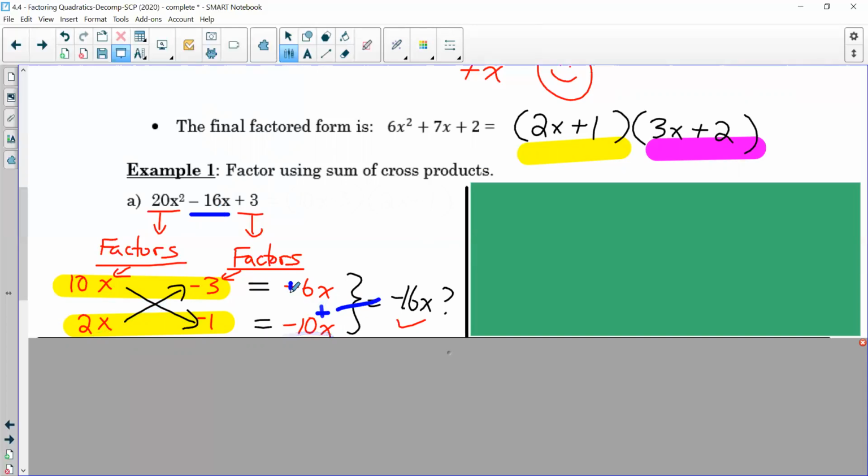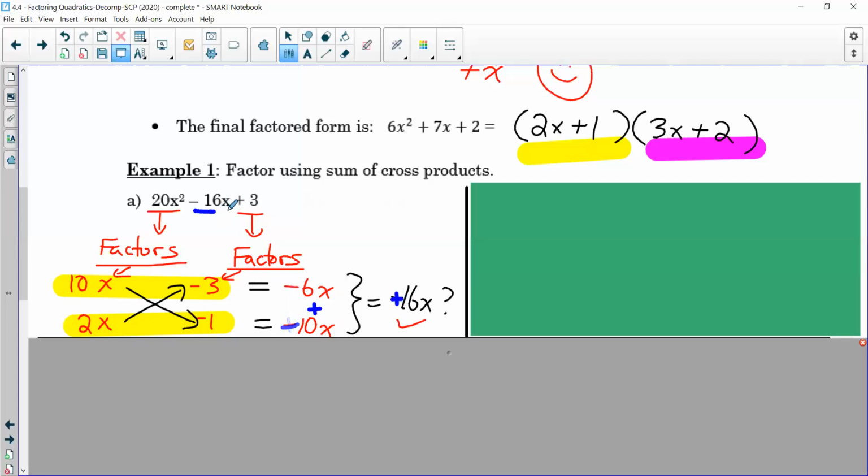So had we used positive 3 and positive 1, this would have given us a positive 6x and a positive 10x. That would have given us a positive 16 when we add those together. Not what we're looking for.